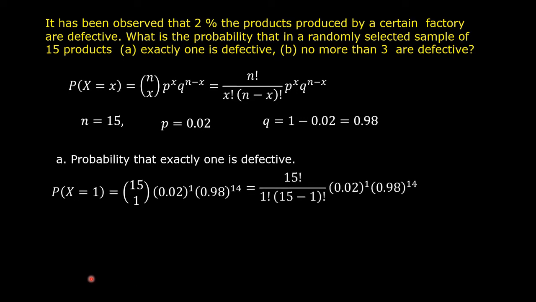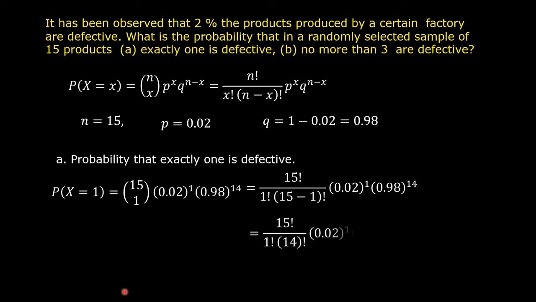Now, 15 choose 1 is equal to 15 factorial over 1 factorial times 15 minus 1 factorial, and then times 0.02 raised to 1 times 0.98 raised to 14.